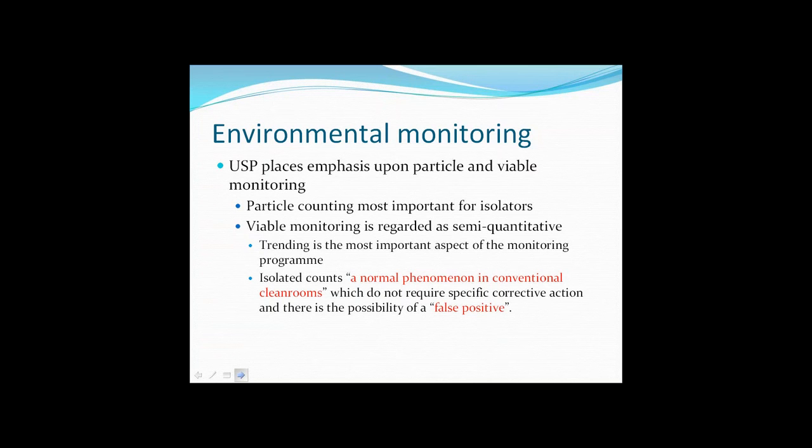The USP adds greater caution that even here, due to particle loss and so on, it really is a semi-quantitative test. And so this reasoning about the semi-quantitative aspect of the methods places a greater emphasis within the chapter upon trending.